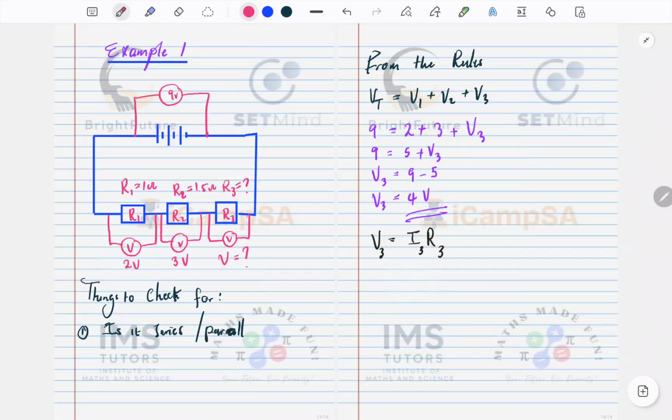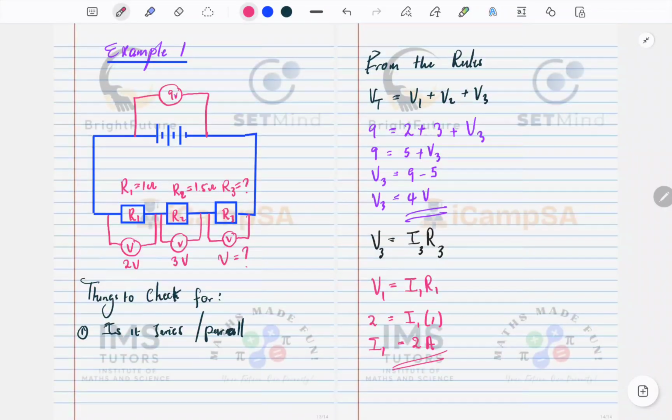So let me calculate I for R1. V1 equals I1 R1. V in this case is 2, equals I1 times 1 ohm. So that means I1 equals 2 amperes. This is my answer.